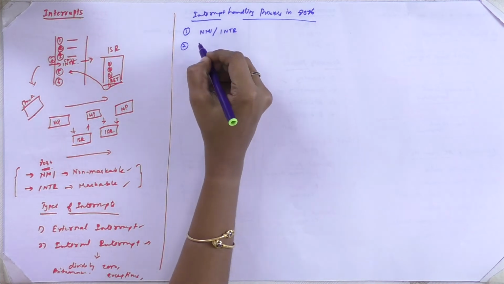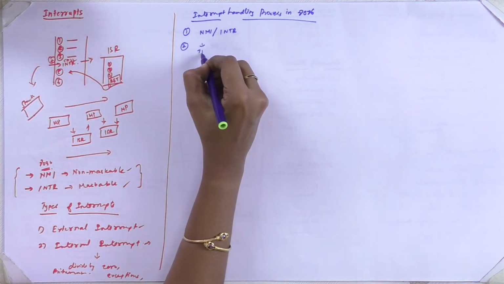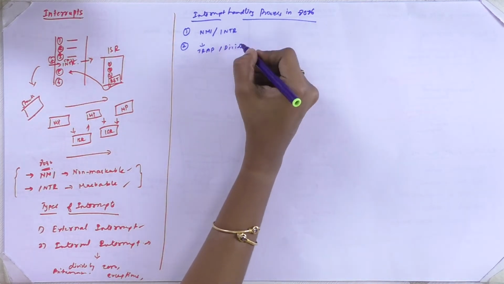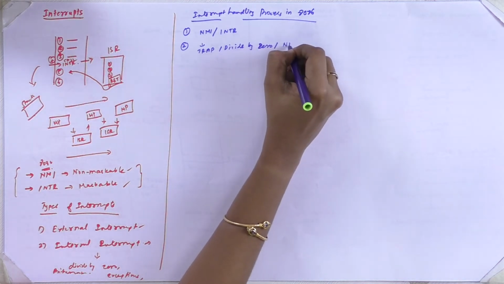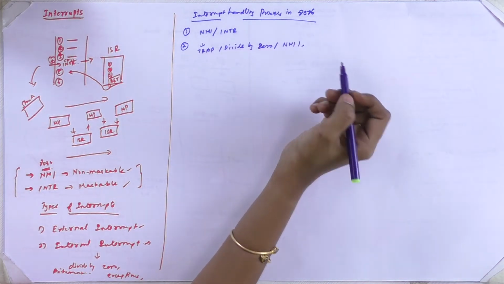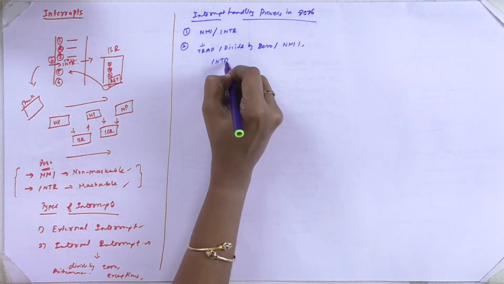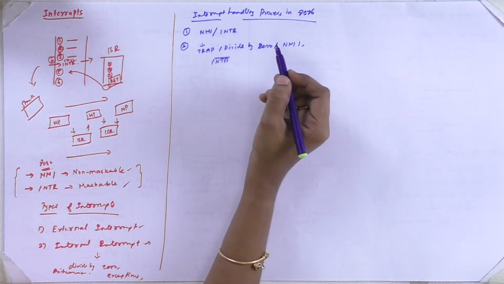And if the type of interrupt request given is trap or divide by zero or NMI, then the processor acknowledges via the INTA pin immediately to the corresponding interrupt request device.